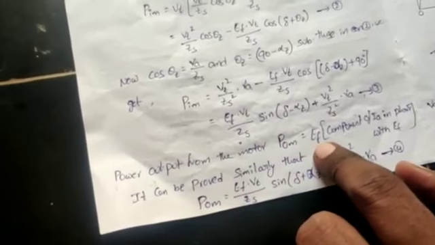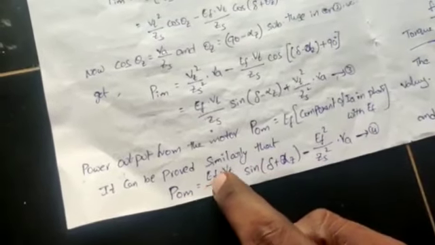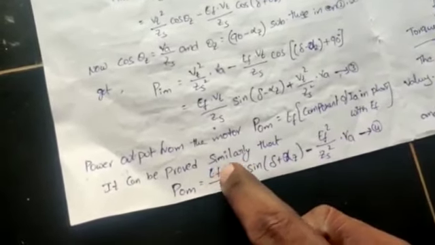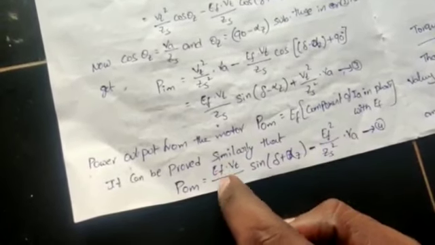Power output from the motor POM is equal to Ef into component of Ia in phase with Ef. It can be proved similarly that POM is equal to Ef into Vt divided by Zs into sin of delta plus alpha Z minus Ef square divided by Zs square into Ra. This is equation number 4.